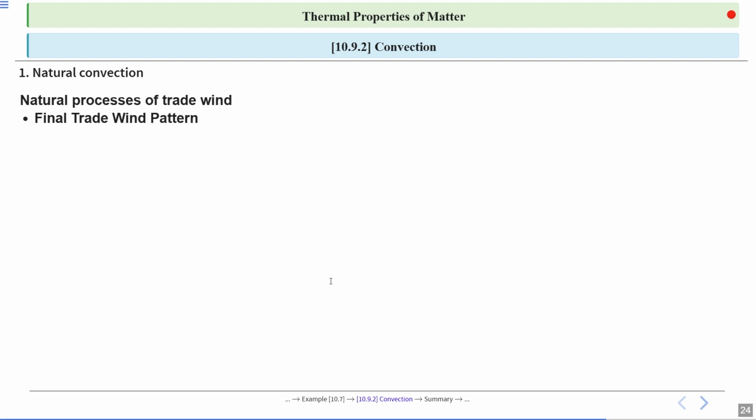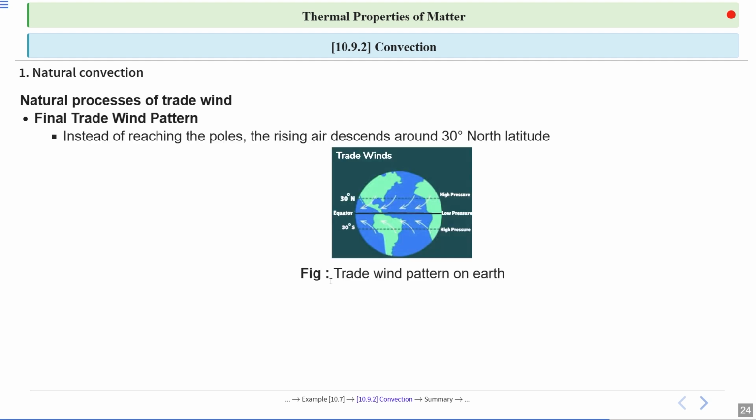Fourth is the final trade wind pattern. Instead of reaching the poles, the rising air descends around 30° north latitude. Hot air rises at the equator, having low pressure, and cool air sinks at 30° north and south.